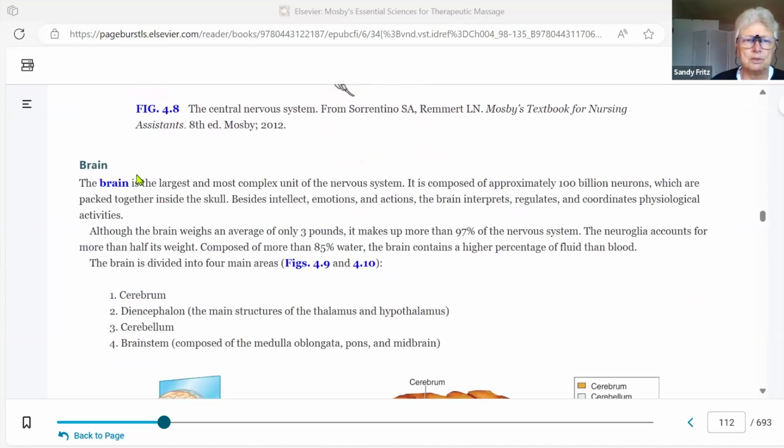And so this is where you're going to want to narrow down.